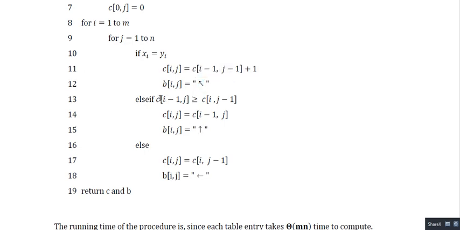If this condition fails, then Cij will be Ci minus 1, j, meaning you are jumping to the above arrow. And if these two conditions fail, you have to come to the left column wise. The column is j, so you come to j minus 1, and the arrow will be this left arrow, right? So this is how we are solving this problem.